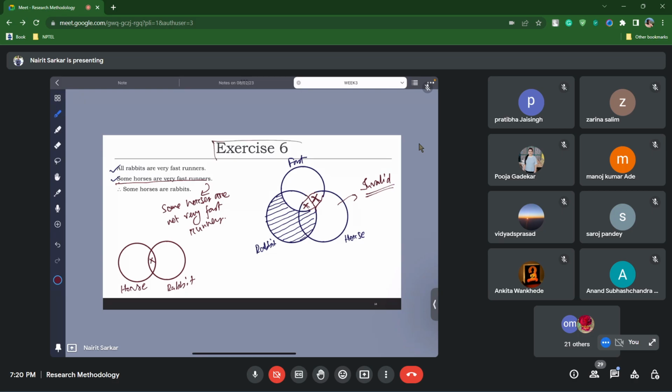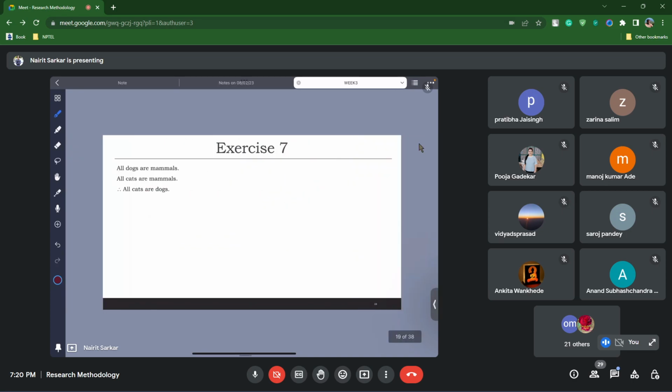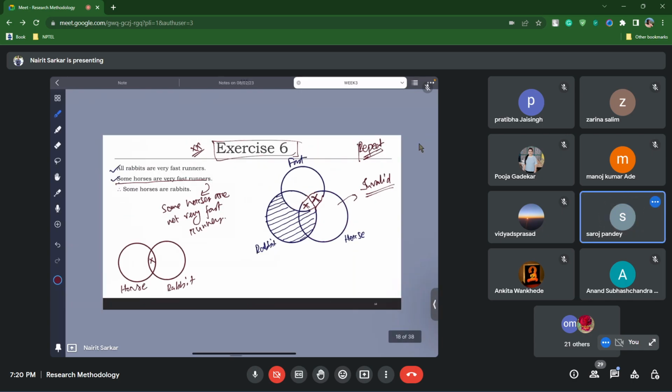Let's do it once again at the last, okay? After that, this one. Moving into exercise 7. Sir, finally, the question number 6 conclusion is valid or invalid? If you see the logic, somehow it is coming as valid, but it should not be.